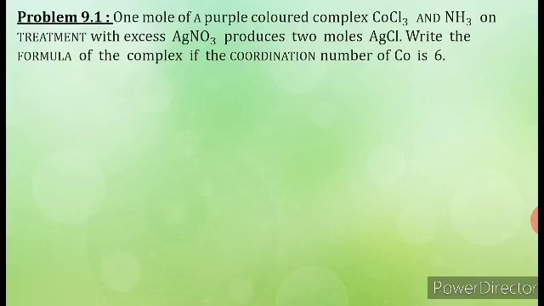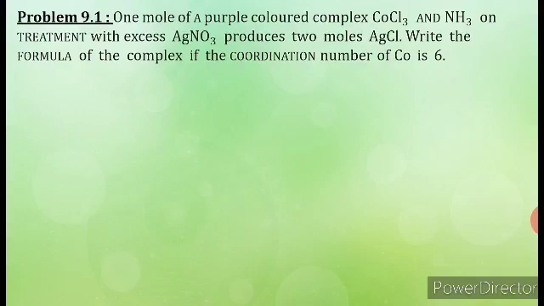Means out of 3 chloride ions, only 1 chloride ion is inside the coordination sphere, while 2 chloride ions are present outside the coordination sphere, which get easily ionized and react with silver nitrate to give the precipitate of silver chloride.